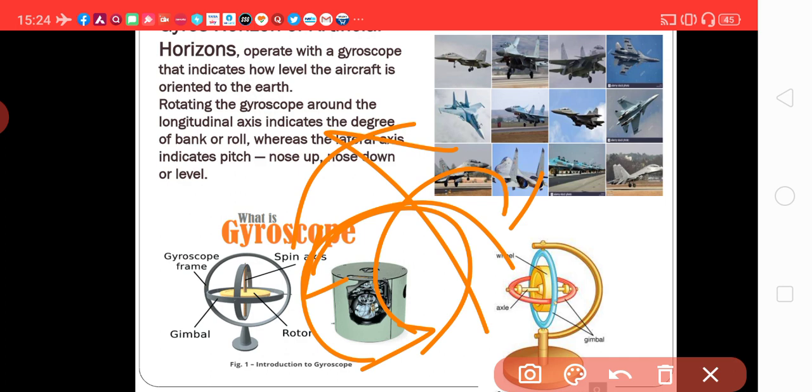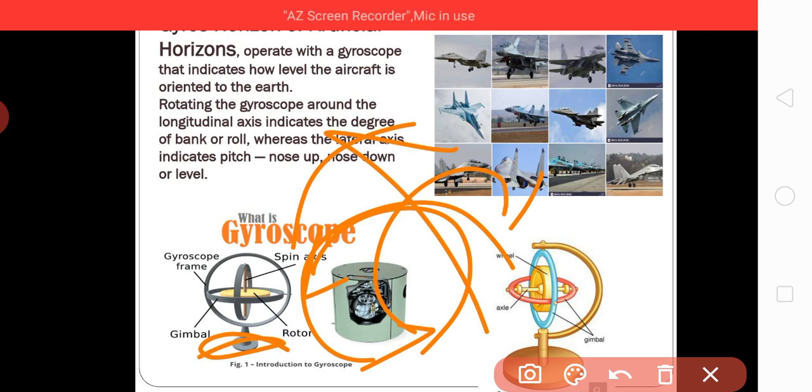So, if this gyroscope is kept on an aircraft somewhere inside it, with reference to this we can check the position of the aircraft. If it is rolling or climbing, going upward, pitching up, we call it pitch up.